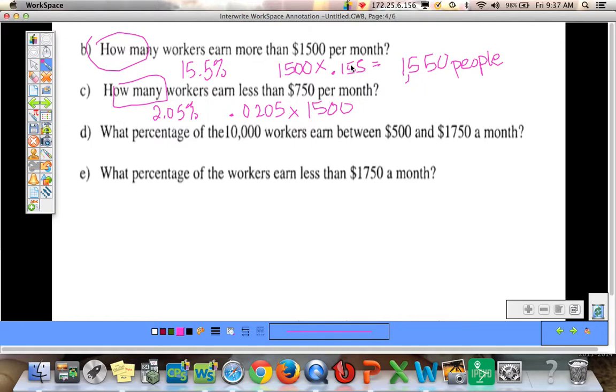Oh, it's 10,000. That's okay. I apologize, so this shouldn't be 1,500. There's 10,000 workers, not 1,500. 1,500 is the salary. All right, so that would be about 0.0205 times 10,000, which is 205 workers.